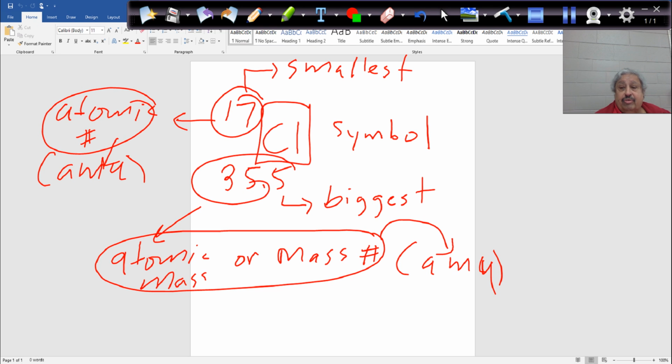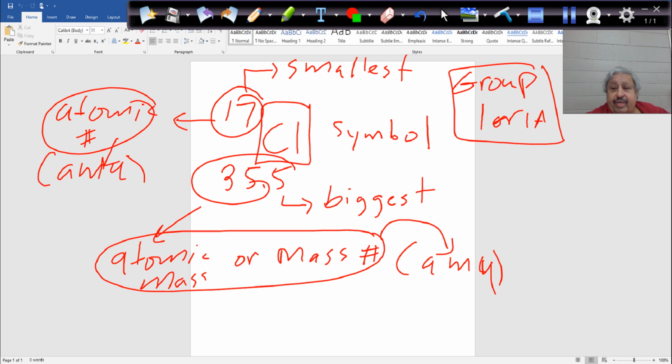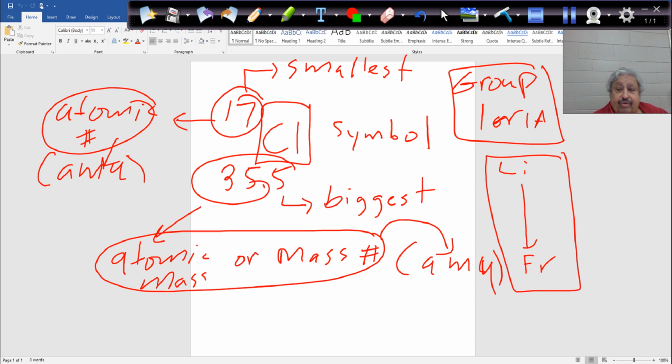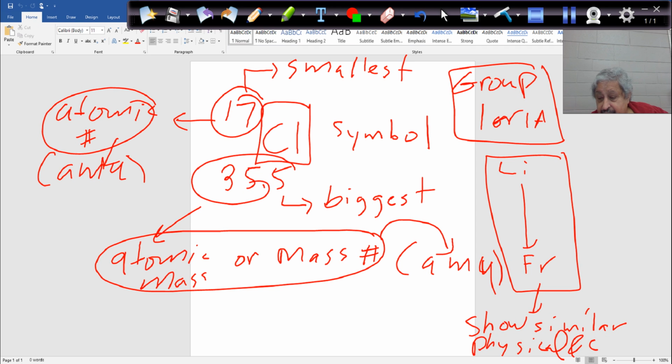If I look at group 1A, starting not with hydrogen, because hydrogen is a non-metal, starting with lithium and going all the way to francium, this group will show similar physical and chemical properties.